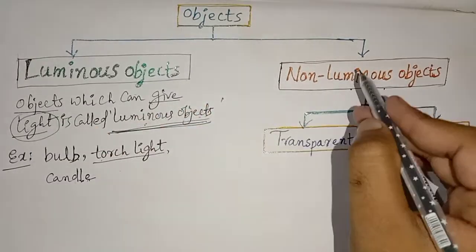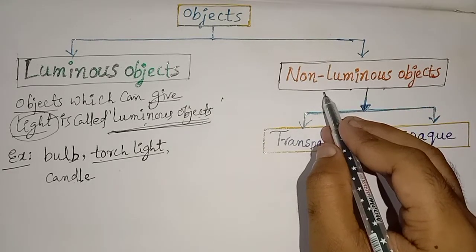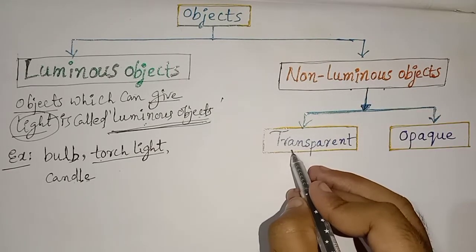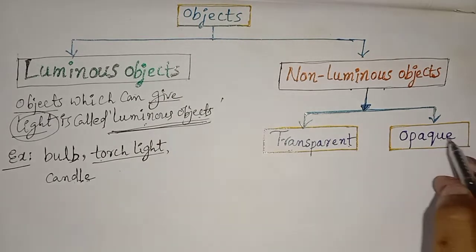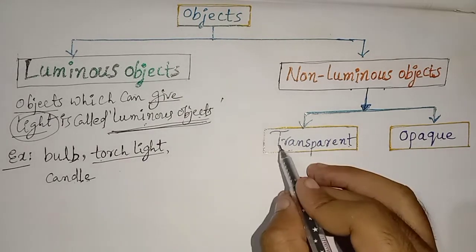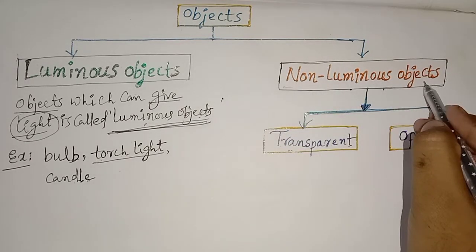Now the second type, non-luminous objects, we will discuss. Non-luminous objects are classified into two types here, transparent and opaque. But before that, what are non-luminous objects?